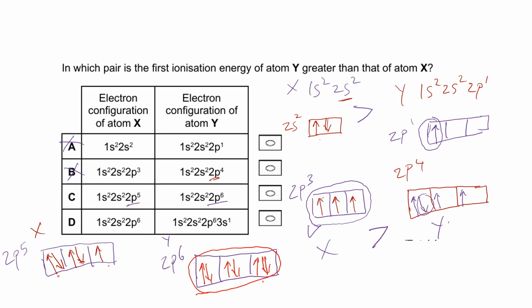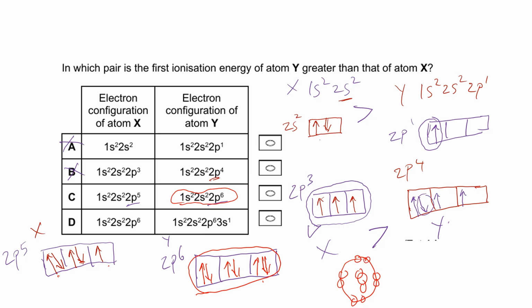And also, besides, if you look at this element, this is a noble gas, right? A noble gas has a completely filled orbital. 1, 2, 3, 4, 5, 6, 7, 8, 9, 10.